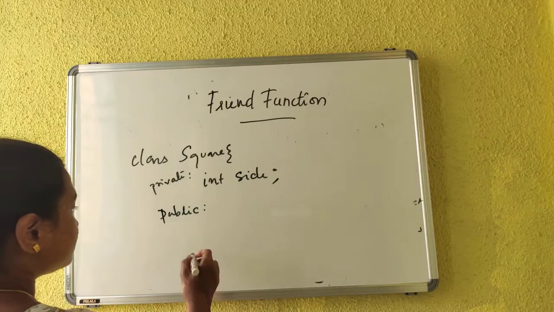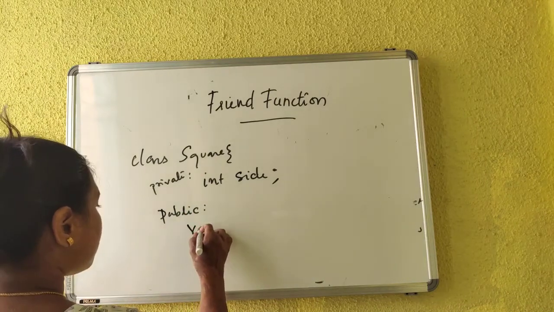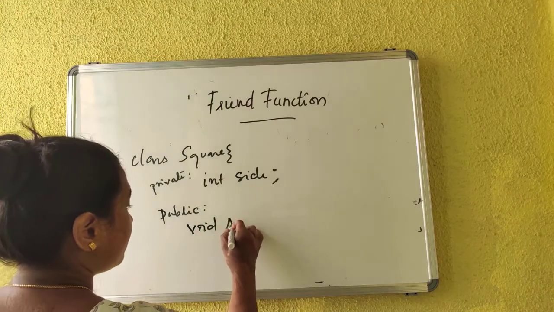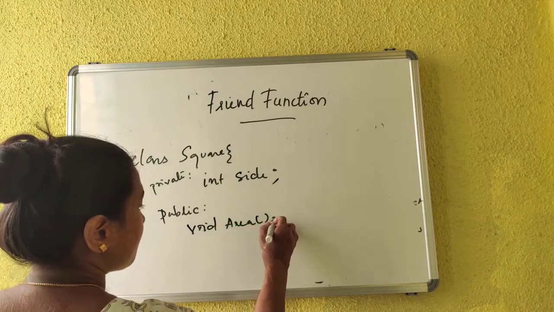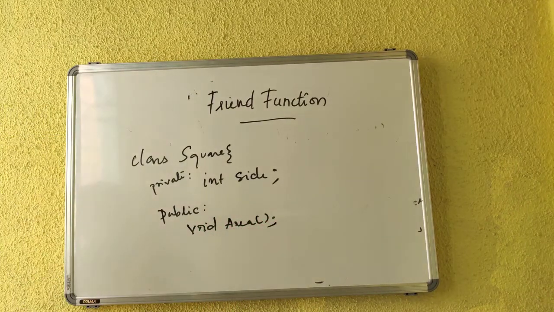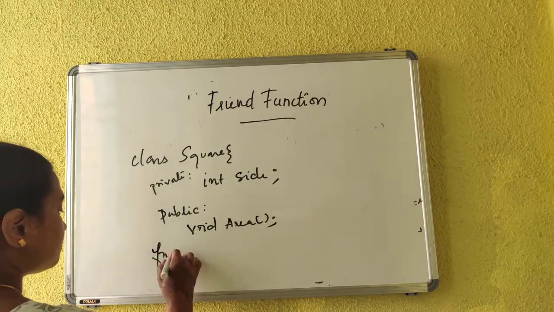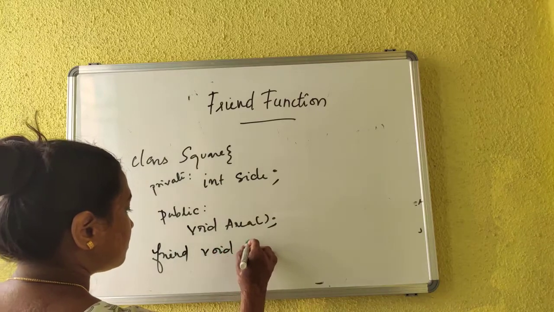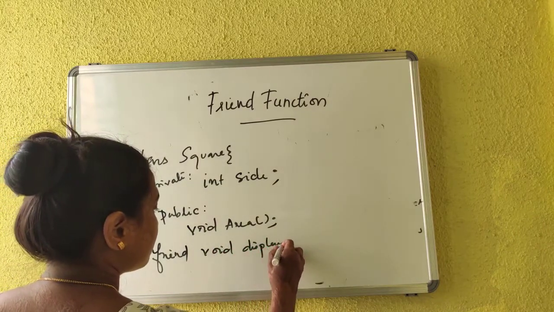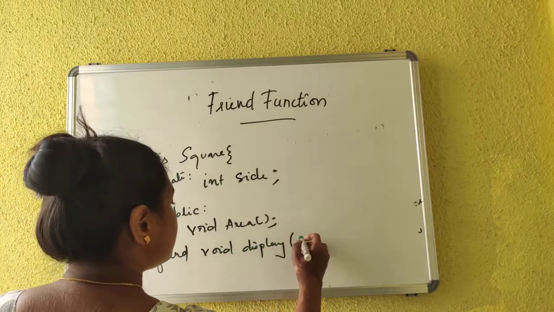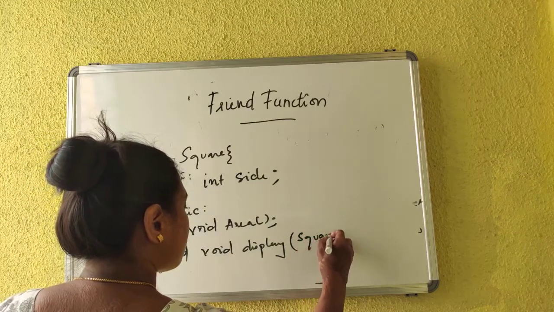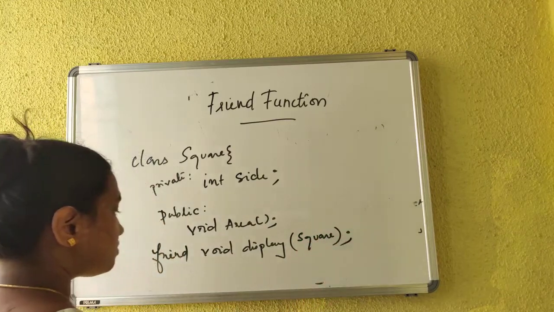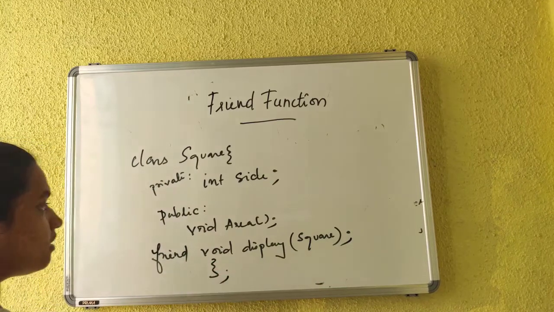In that, say, I have a member function, void area. And I have a friend function, which is void display, and let me pass the object of the square. I'll tell you why it is used. So this is my class definition.